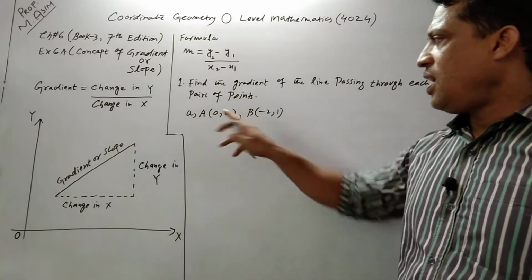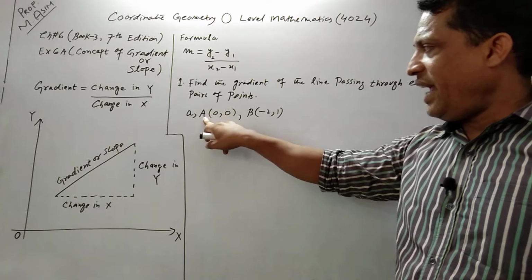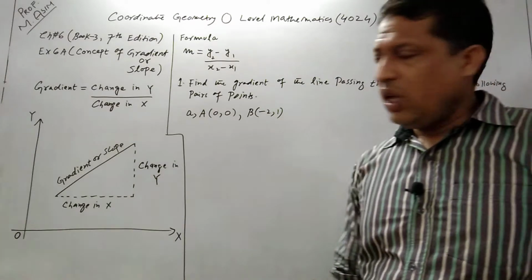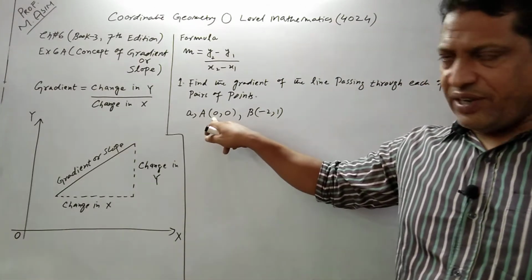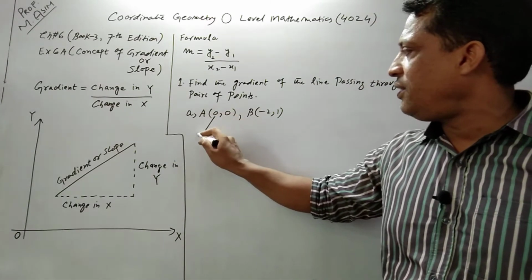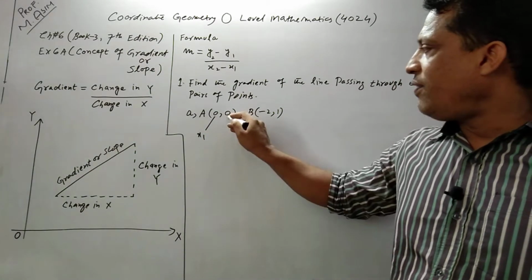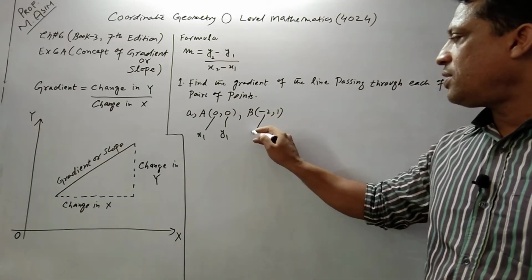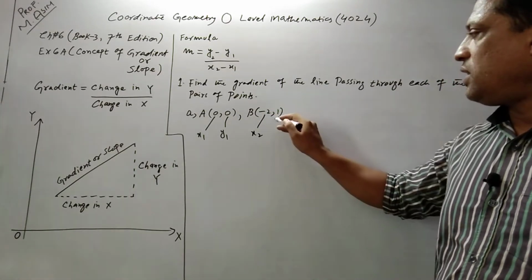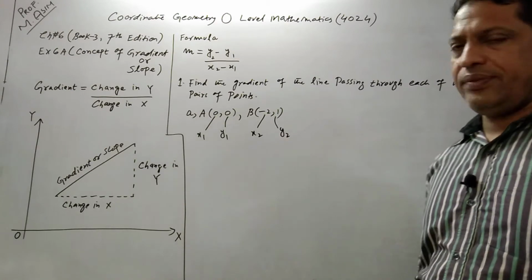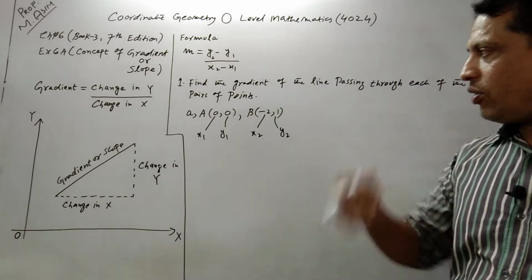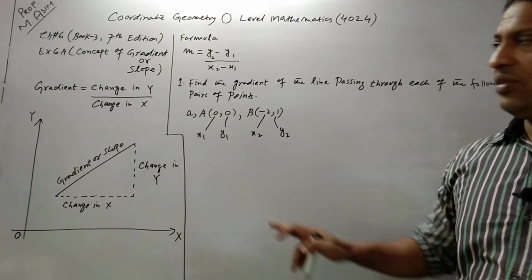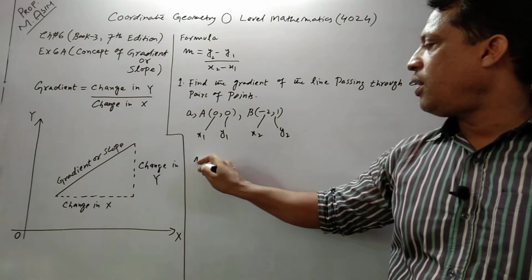First see this coordinate A (0, 0) and this coordinate B (-2, 1). Assign the first values: 0 is x1 and the second value is y1. Assign these values: this is x2 and this is y2. So in order to find the gradient, you first have to obtain x1, y1 and x2, y2.